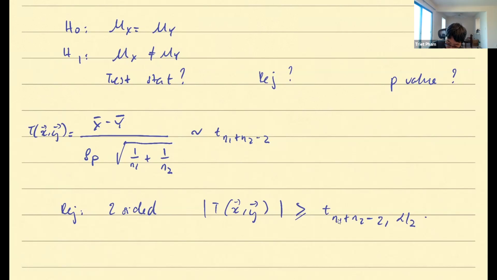If it's one-sided upper, for example, oh, let's do this. Who knows what's upper, what's lower, right? What about this? If mu y is bigger than mu x is our alternative, what's our rejection region?